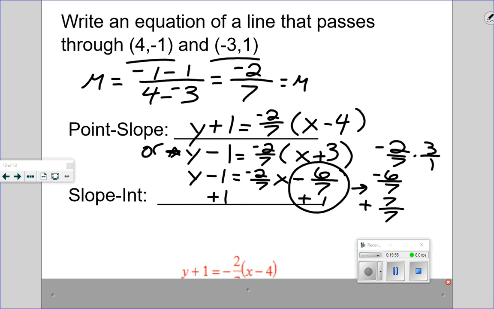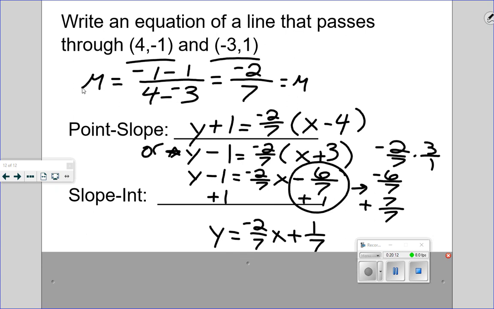When I add a negative 6/7 and a positive 7/7, I get positive 1/7. Negative 6 plus 7 gives me a positive 1. The denominator stays the same. So your slope-intercept form of this line is this.